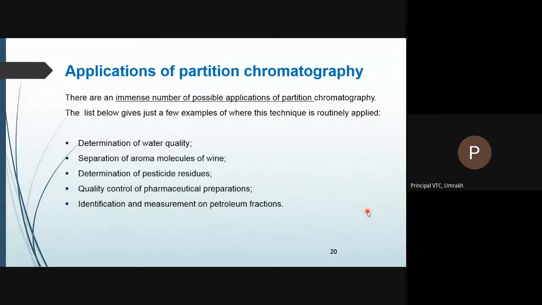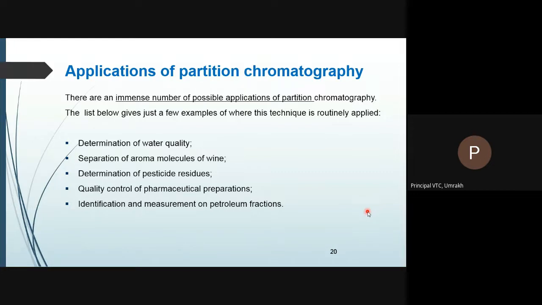If we talk about applications of partition chromatography, a number of applications are possible. We can go with determination of water quality, separation of aromatic molecules, and pesticide residues present in any kind of preparation. We can determine the pesticides also.